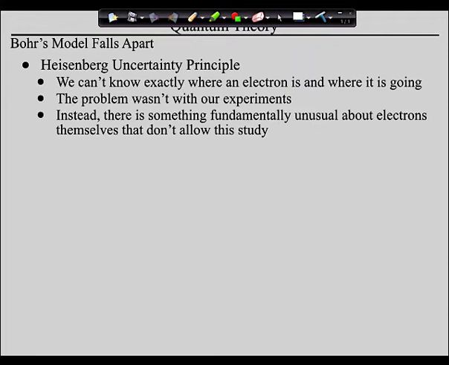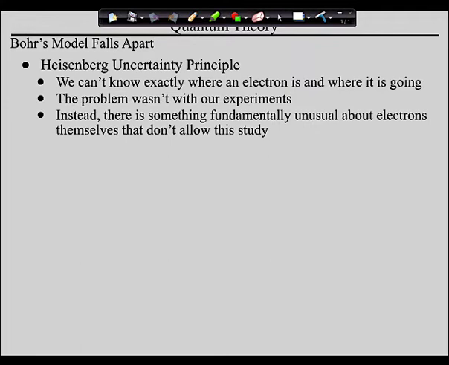What is it about electrons that doesn't let you figure out where they are and where they're going? They aren't particles at all. What are they? Waves. See, that was the tricky bit. The whole Bohr model of the atom requires that you study electrons as particles. It fell apart. Heisenberg analyzed the data and said, oh, that's the problem. You can't even know where they are and where they're going.